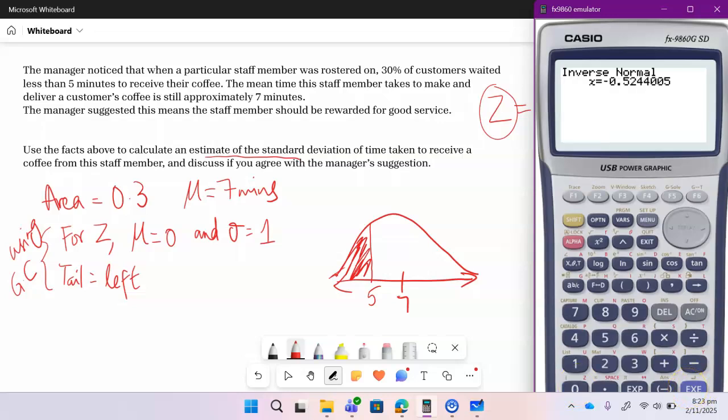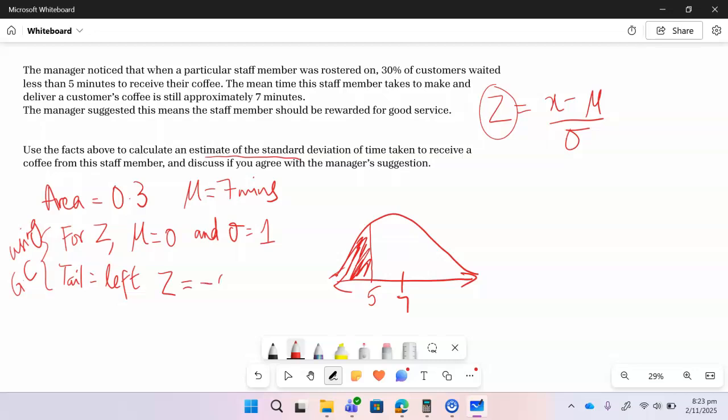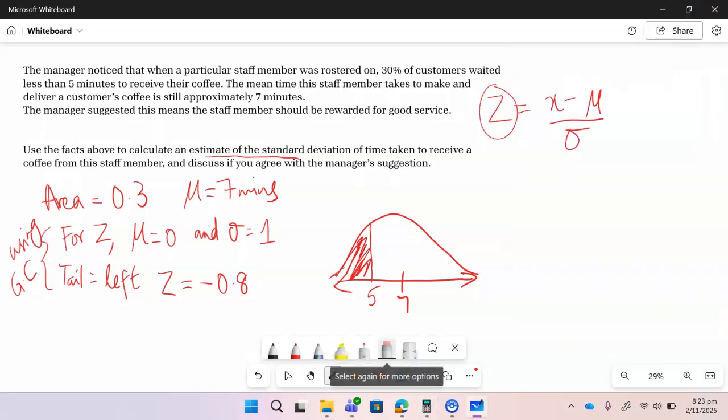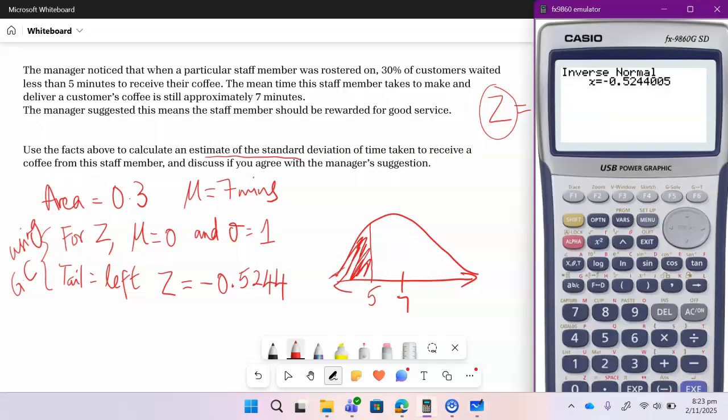Yep, so this is what I mean. Sometimes you could have a negative z value, and I just don't want you guys to ignore that. Z would be negative 0.5244. Don't ignore the negative.